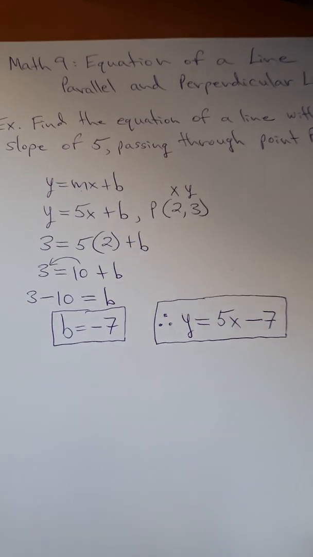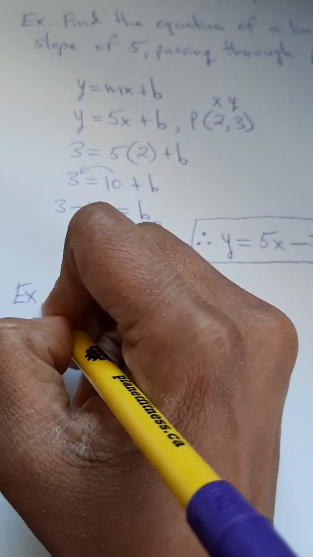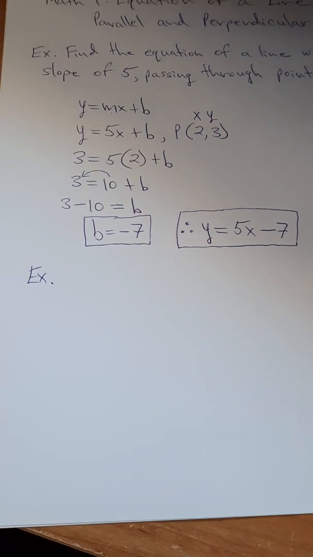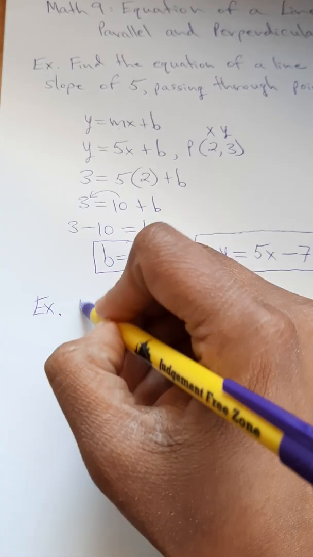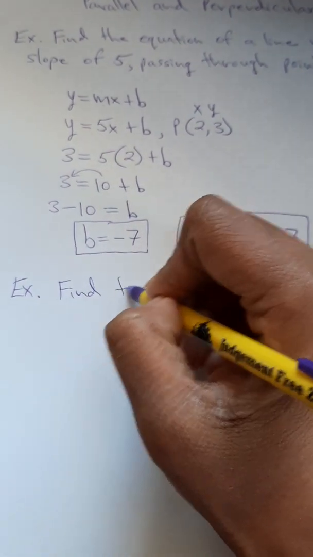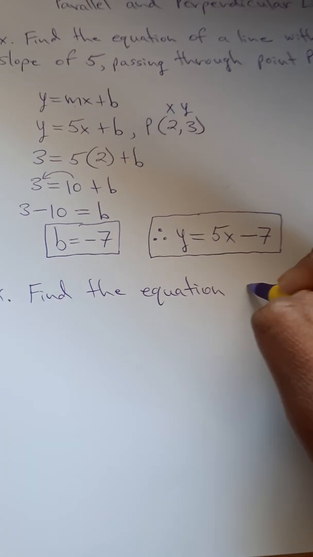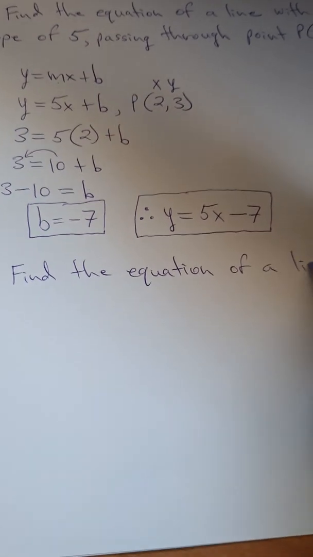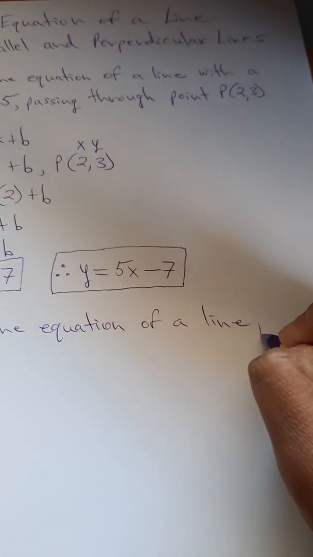All right, good. So now we're going to move on to the parallel and perpendicular lines. The question says, find the equation of a line. Let's write it here: find the equation of a line, and this time let's do parallel.